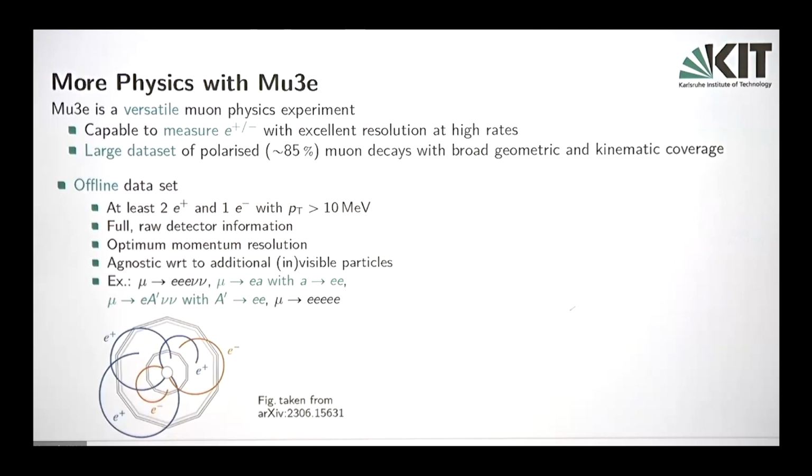We have full raw detector information, so highest quality data where we can have the best momentum resolution that the experiment can offer. And this data set is basically agnostic to additional particles, if visible or invisible. Only the phase space available might put some constraints here.